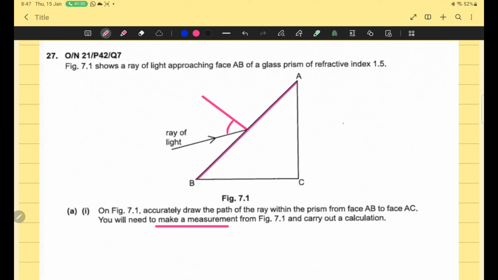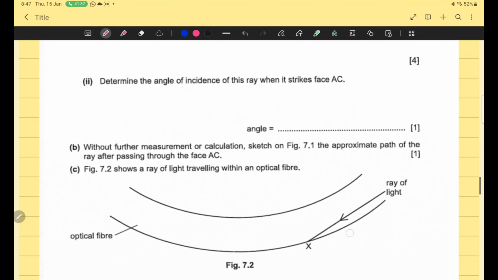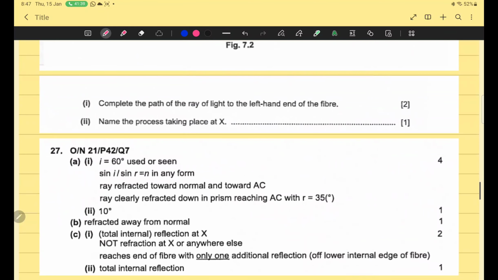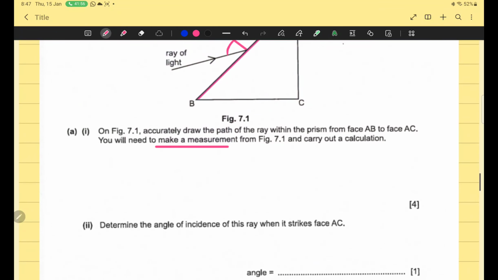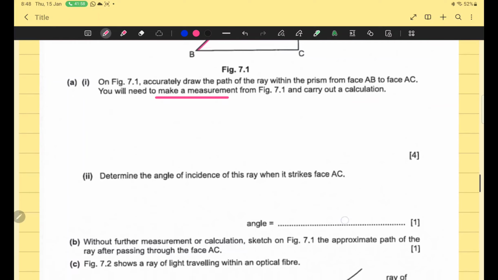But I cannot measure, so I should take help from the marking scheme. The angle is 60 degree. This angle 60 degree is by measurement. So angle of incidence is 60 degree.